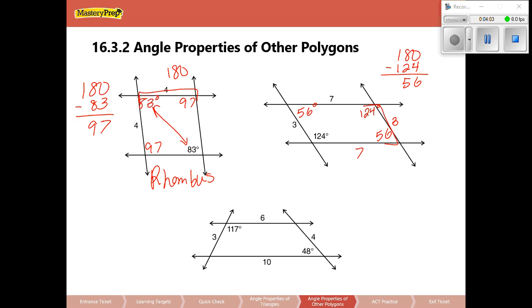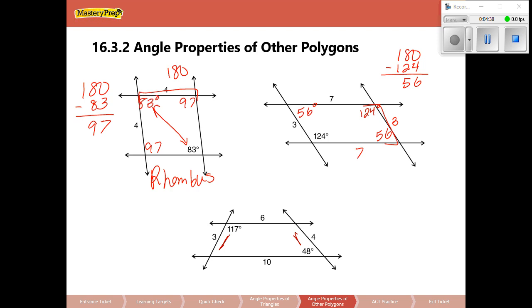Now the last one's a trapezoid, and it's not isosceles, so that tells us that the base angles are not going to be congruent. If it's isosceles, then these two angles here and these two angles here would be congruent. They'd be the same. But we know it's not isosceles because the two sides, one of them is 3 and the other is 4. But what we do know is that the consecutive angles, these here, are going to be supplementary.